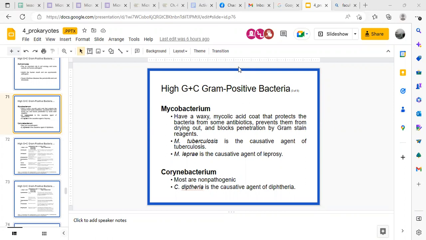Basically, the staining technique here is called acid-fast staining, so that it will absorb the stain. The mycolic acid coat protects the bacteria from some antibiotics. Therefore, it adds to their pathogenicity and prevents them from drying out.